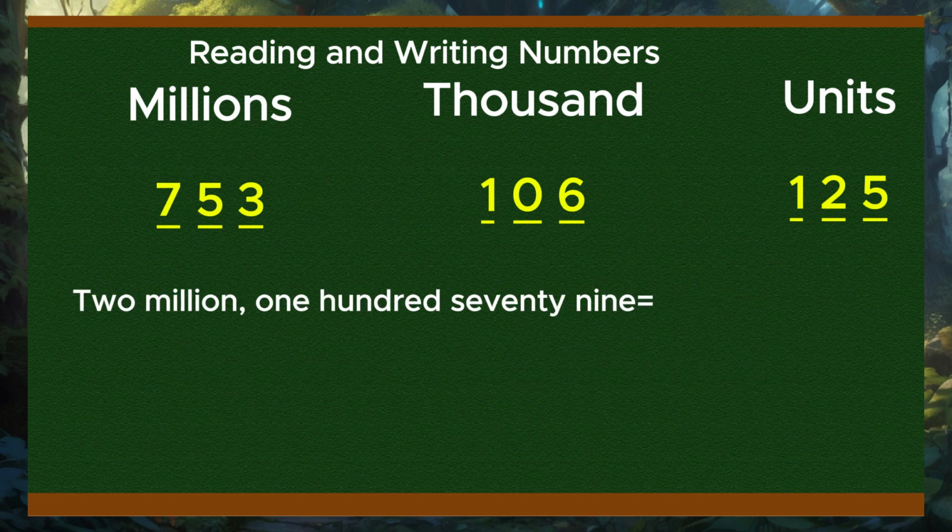Let's look at our final example. It is 2,000,179. Let's begin. 2 million. I will write 2, comma. 179. There is no mention of any thousand. So guess what I have to do? I still have to write digits to represent it. How many digits are in the thousand category?